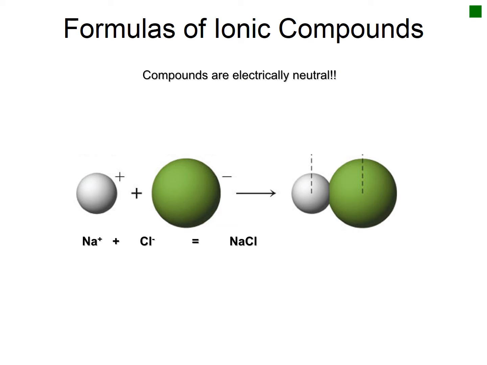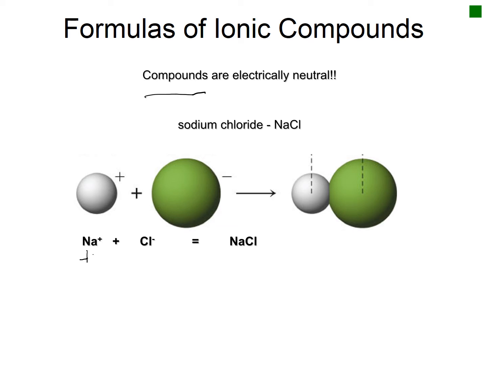So if we look at some formulas of ionic compounds, what we're going to find is that compounds are always electrically neutral. They're always going to form with opposite charges in the right amounts to give an electrically neutral compound. If we look at this example of sodium chloride again, we saw in the previous example that sodium had 1 valence electron because it was group 1.